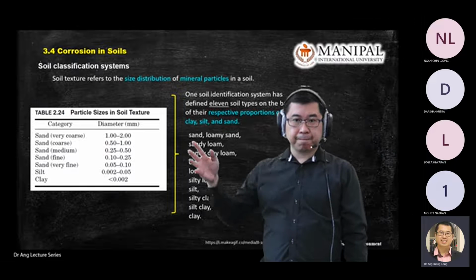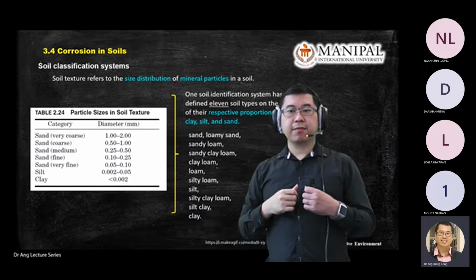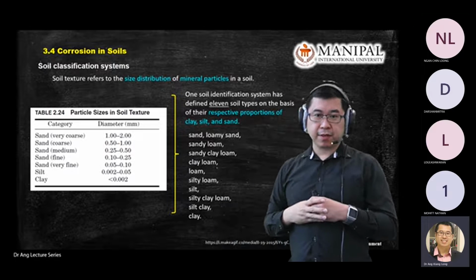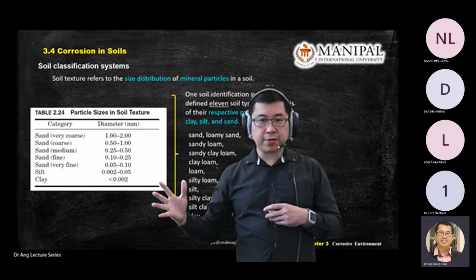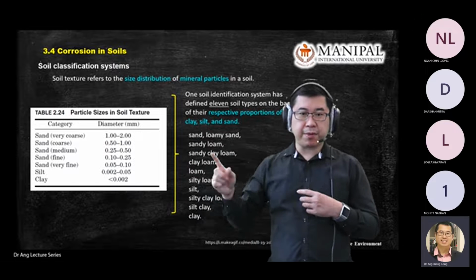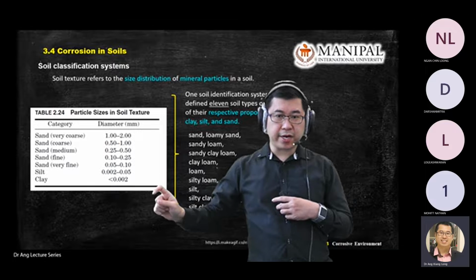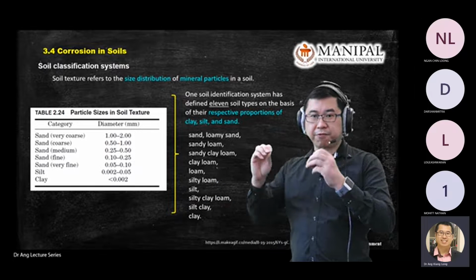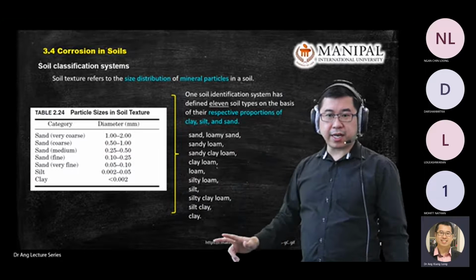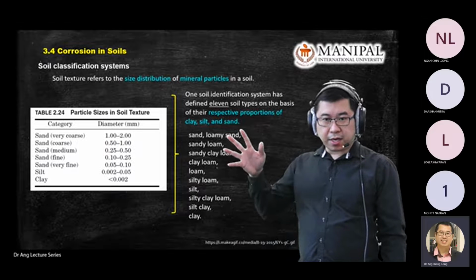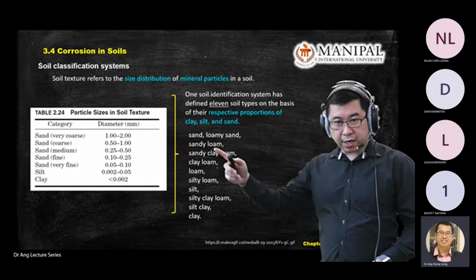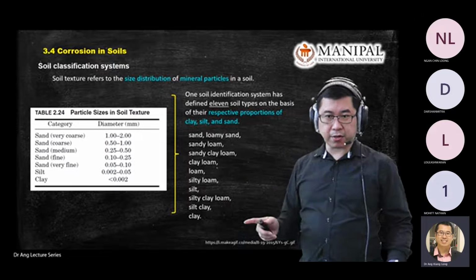Okay, so for soil, you should understand how you classify soil, based on particle size. Then in the particle size, you have three big families: sand, silt, and clay. And you mix different percentages of sand, silt, and clay, you generate another 11 types of soil. Okay, so there are lots of names there, so you can come back to this later.